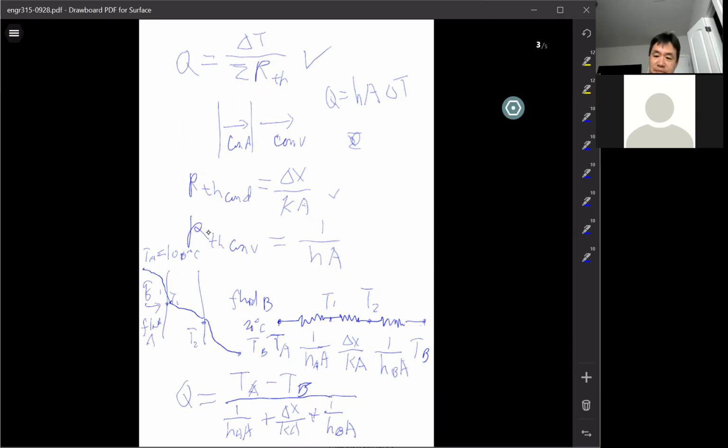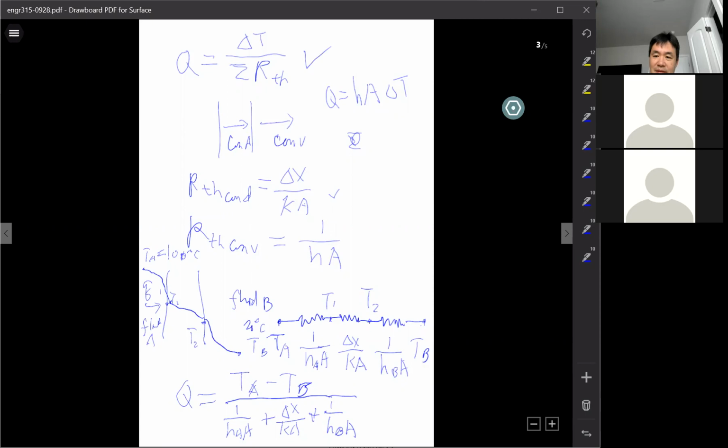You should be able to, because the Q is the same all the way through. So once you figure out your Q, you can do individual conduction and convection to find T1 and T2. That's exactly what's supposed to be. So this is the practical problem. If you know the two ending temperatures, the properties of the fluid as well as the solid, and the dimensions, you may even design a problem like this for an experiment.